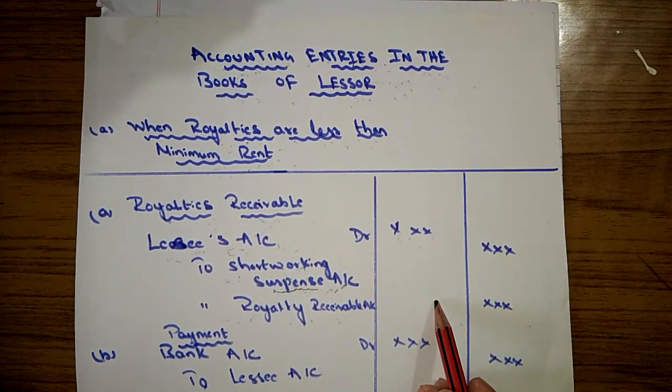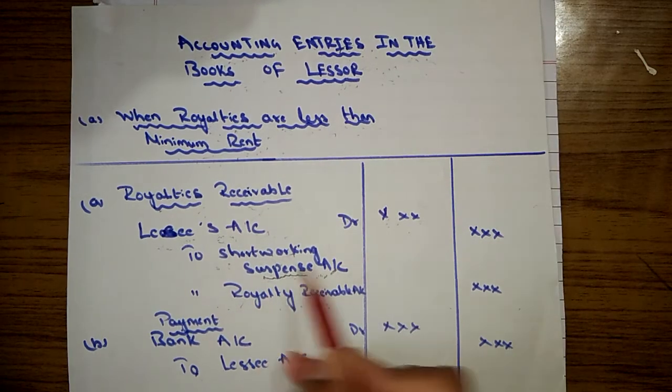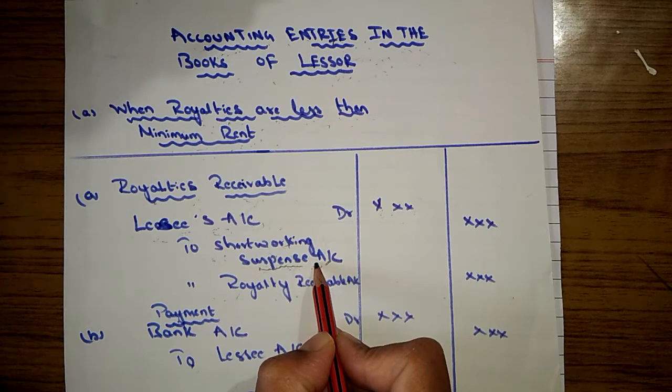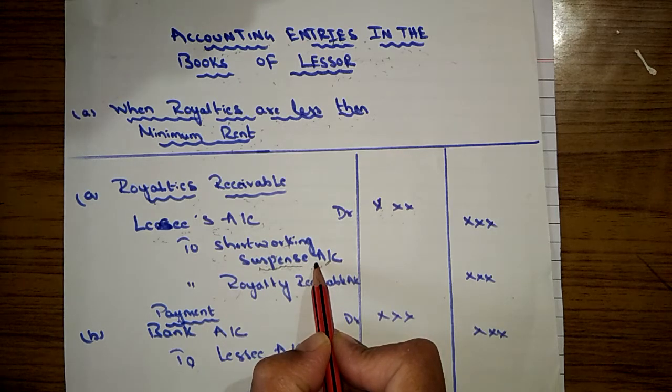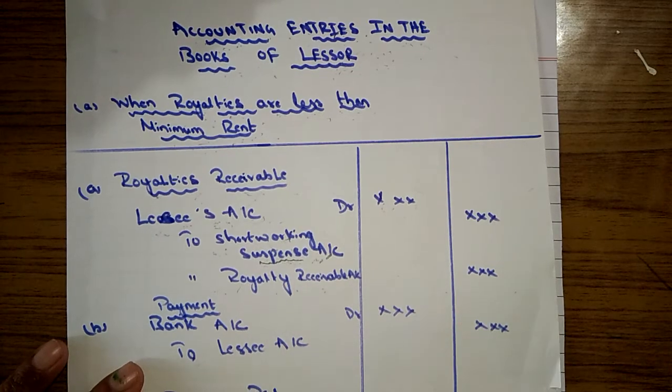That is the reason the suspense account has to be credited. This is nothing but a liability which the lessee is going to adjust in the future year when there is a surplus amount. So what do you mean by surplus here? When actual royalties are more than minimum rent. Okay, to royalty receivable account.